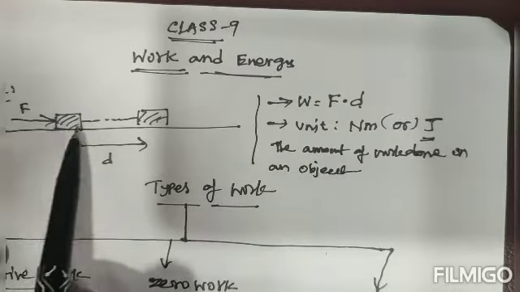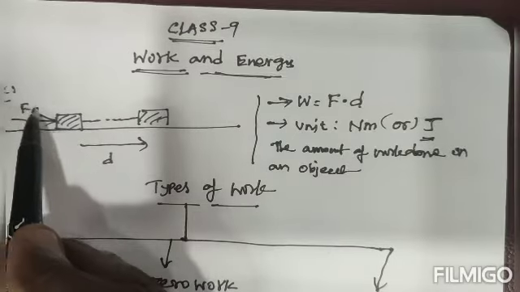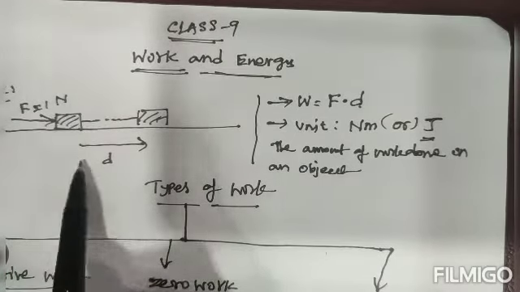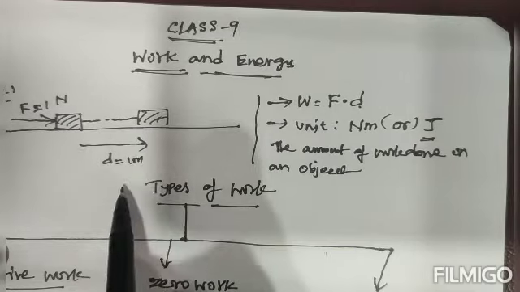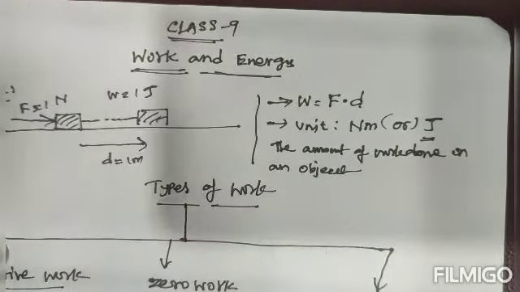See that? I will apply some force on the object. If my applied force is 1 Newton and the displacement is equal to 1 meter, then the work done is equal to 1 joule.